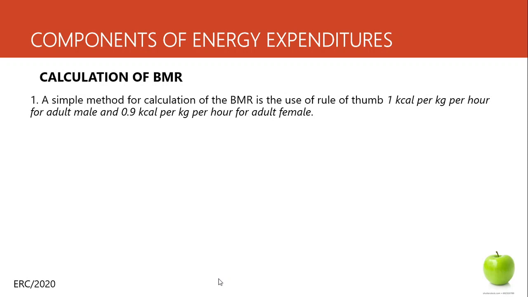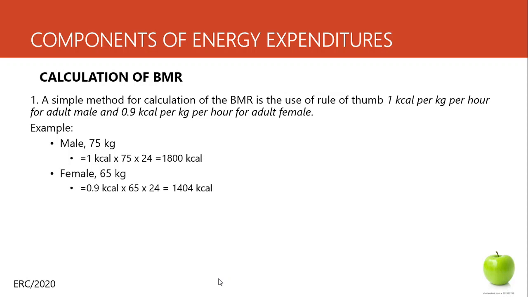The simple method of calculating the BMR is the use of the rule of thumb: 1 kilocalorie per kilogram per hour for an adult male and 0.9 kilocalorie per kilogram per hour for an adult female.